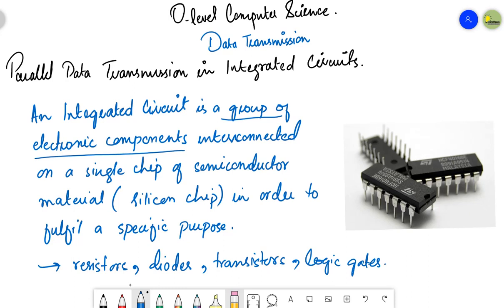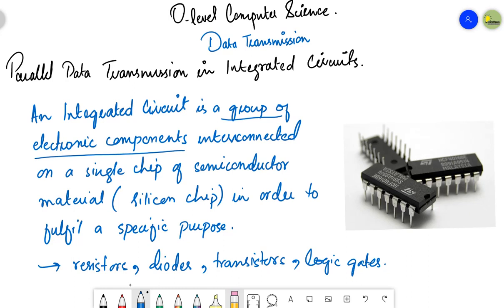So these are the different electronic components that are interconnected on a single chip, right? You have a single silicon chip in which you have different kinds of components that are connected with one another for a specific reason.